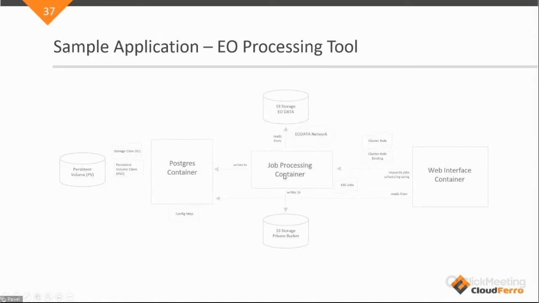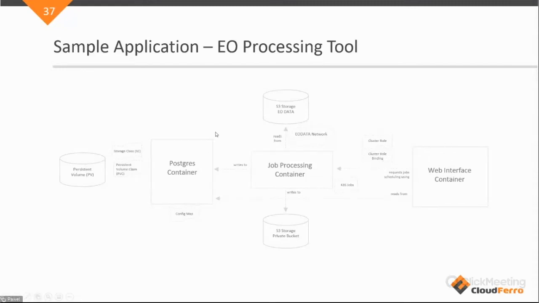This container is getting data from the S3 storage, and it's also saving it back after processing, which I'm not doing here. I could have written a couple of Python lines to simulate that, but for now it's just taking the same image and storing it in my private bucket. And then the third is the web interface container that is just showing these things in action.